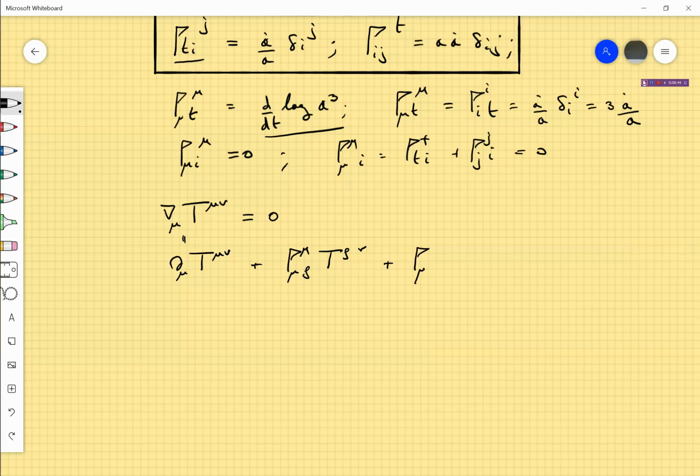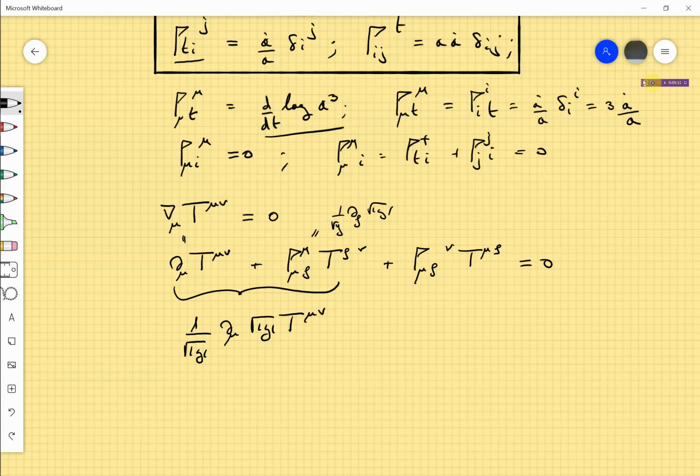And then it has mu rho nu t mu rho. Okay, now because this is 1 over the square root of g partial rho square root of g, we know that these two terms can be collected into a single term, which could be this one, but you still have the other one, gamma mu rho mu t mu rho.